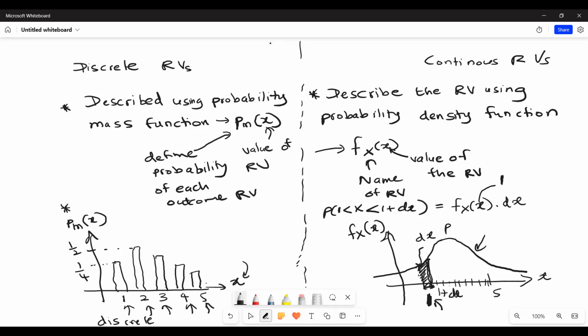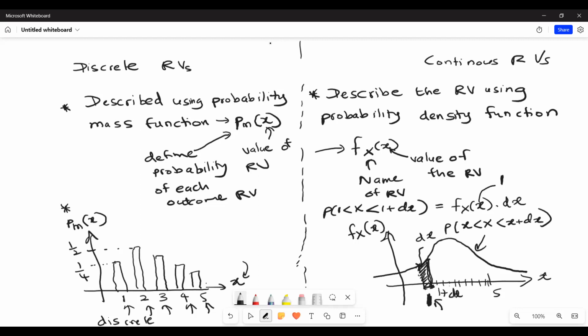So I will again write the probability of getting the value x, simple x, when the random variable is defined.